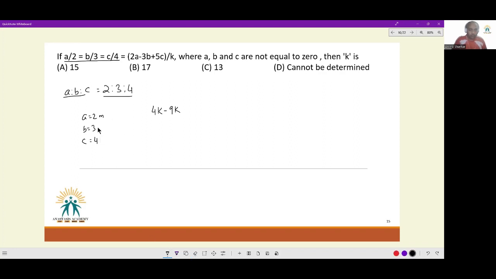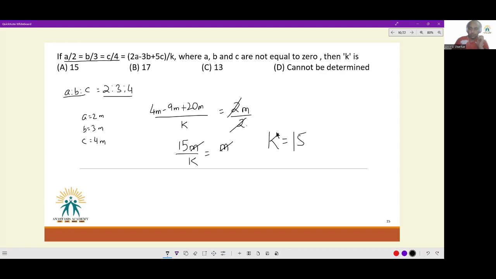So 2M, 3M, 4M. So 4M minus 9M plus 20M divided by K is equal to 2M by 2. Cancel, cancel. Or I get 15M by K is equal to M. M cancelled. K has to be equal to 15.